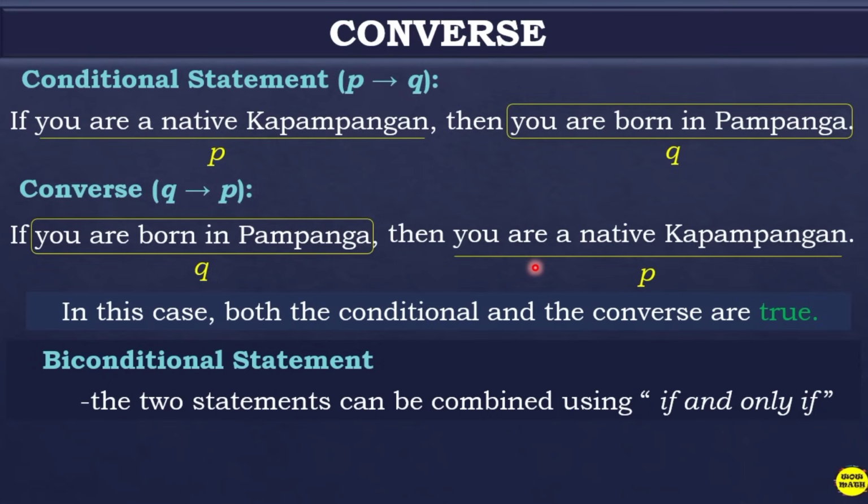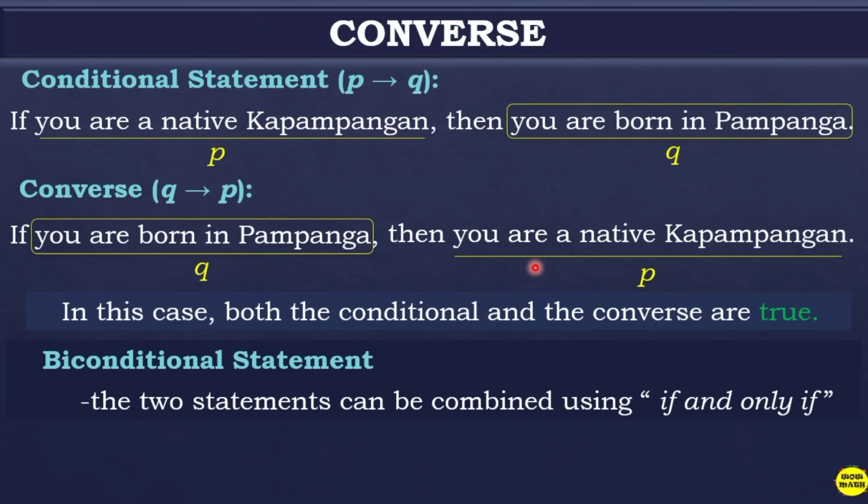true. So, kapag nakita mo na yung conditional at converse ay parehong true, that is the time that you can combine those statements using if and only if. Okay. So, ibig sabihin, hindi ka gagamit dito ngayon ng if at then. Pwede kang gumamit ng if and only if kapag true. So, ito po ay para lang po sa kapag ang conditional at ang converse mo ay true, you can make use if and only if by combining those two statements.